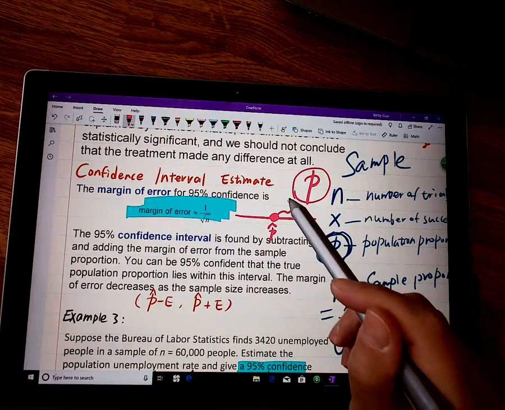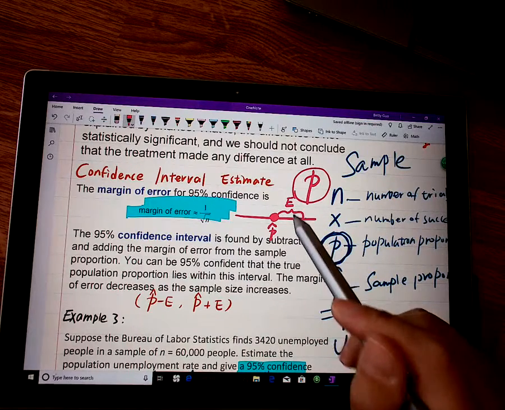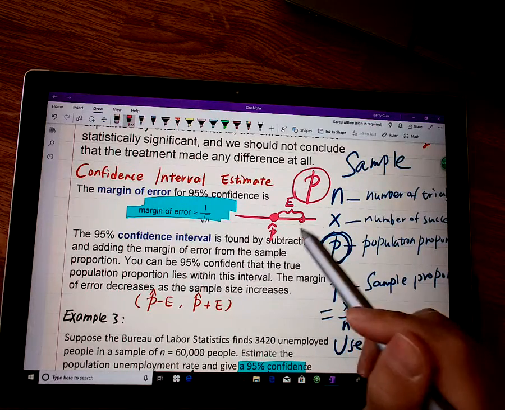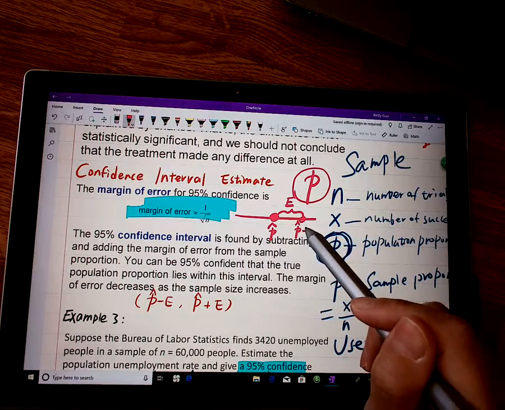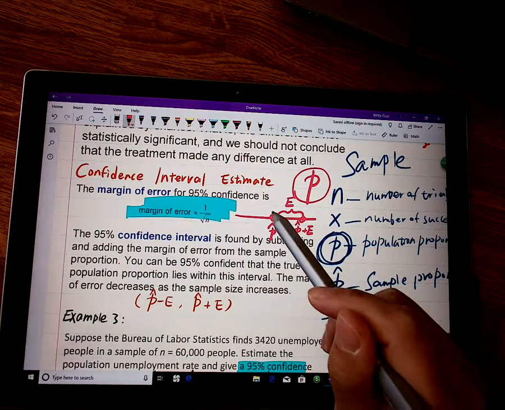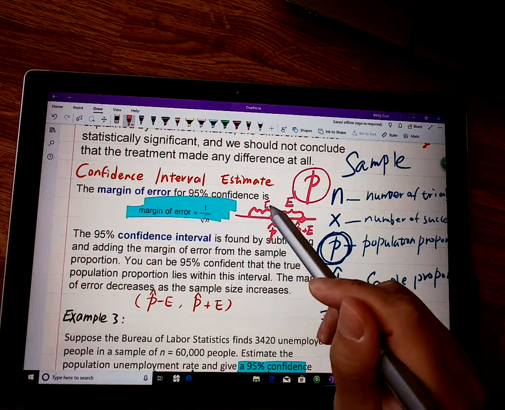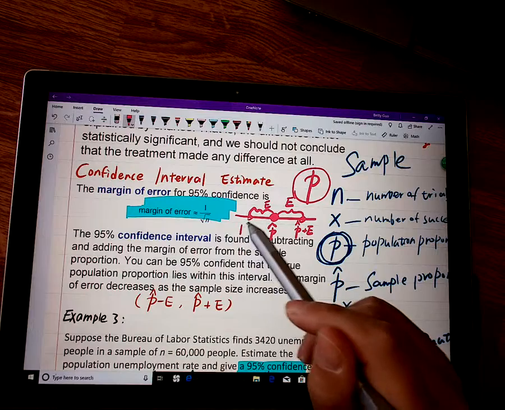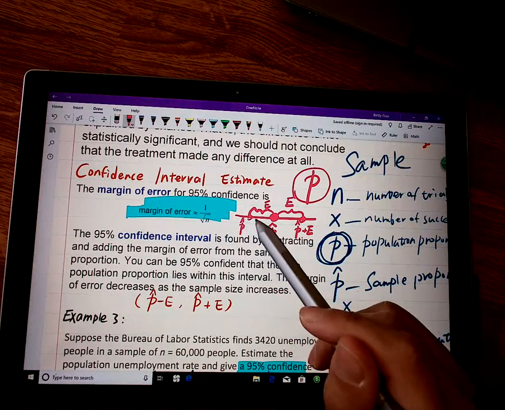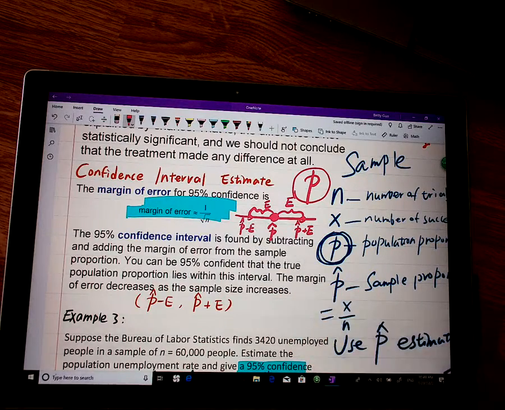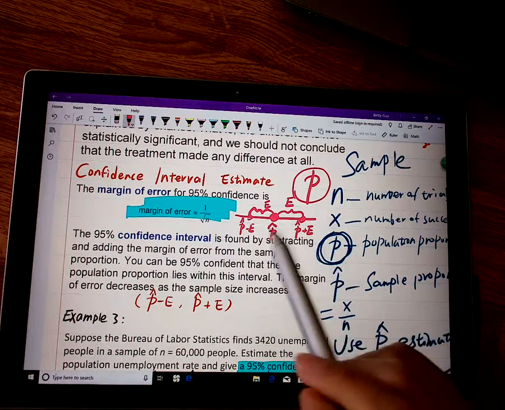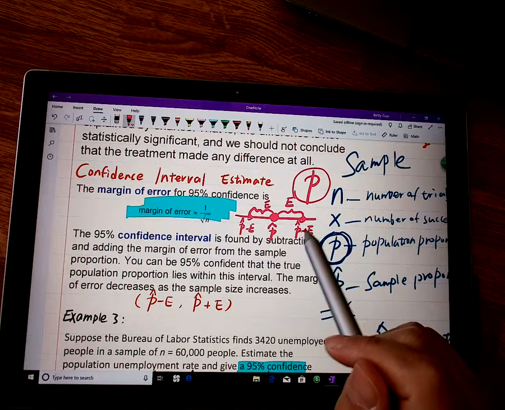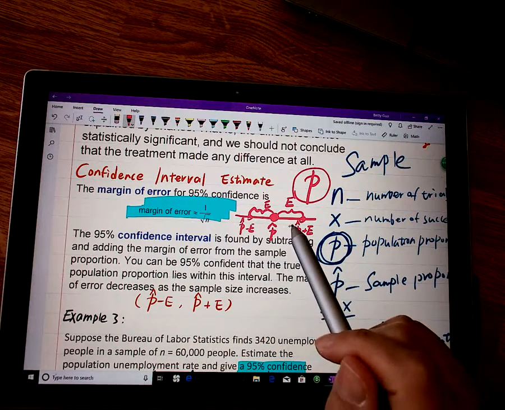If we add the margin of error, we have the right endpoint, P hat plus E. If we subtract E, the margin of error, from P hat, we have the left endpoint of the confidence interval, which is P hat minus E. This open interval with the left endpoint P hat minus E and the right endpoint P hat plus E is the confidence interval.